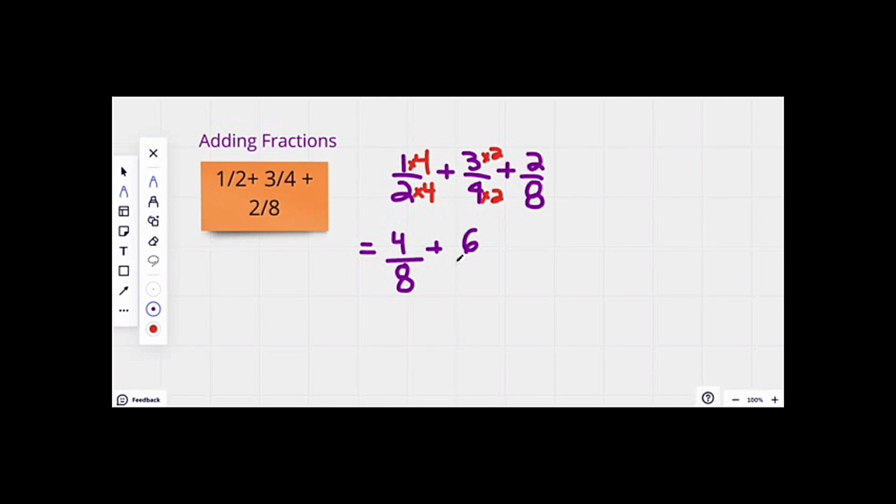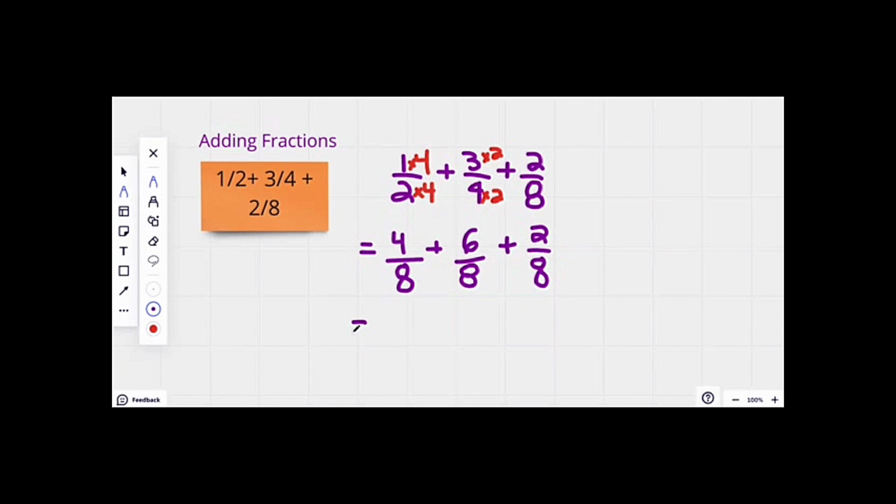And 4 times 2 equals 8. Okay, plus. And this one stays the same because we didn't have to do anything to the bottom, so we don't need to change anything. And so now we have the same denominator across all fractions, which means that we are ready to actually add.